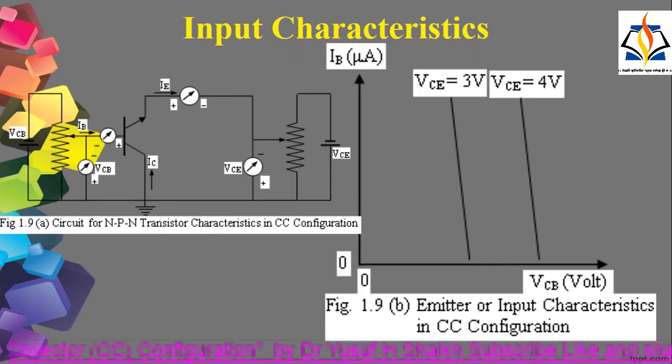The overall shape of characteristics is quite different from those for common base or common emitter characteristics. The characteristics show that the base current IB decreases as the collector base voltage VCB increases. Further, as VCB is increased, VBE gets reduced, thereby reducing IB.